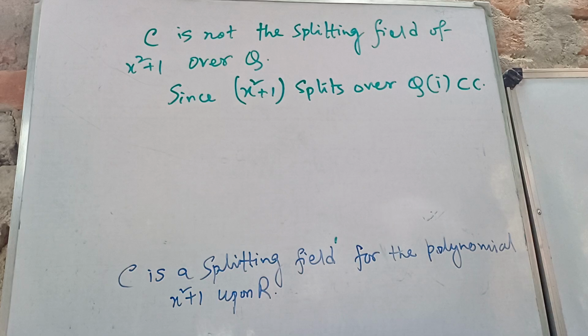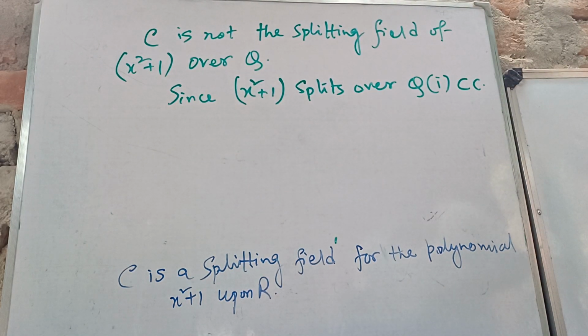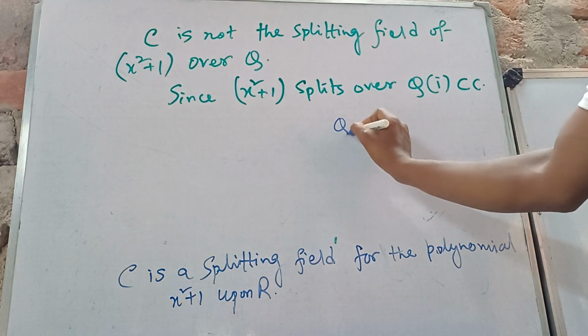And so C is not the splitting field of the same polynomial x square plus 1 over Q. Here Q(i) is also present, and Q(i) is not equal to C.